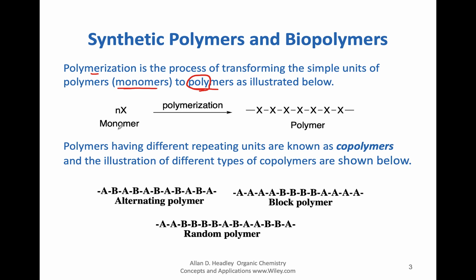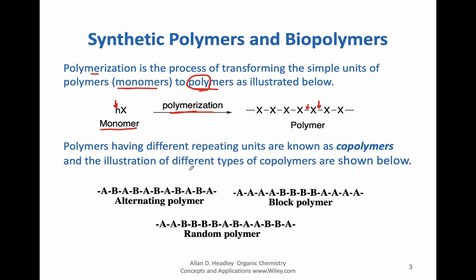So it's basically taking many monomers, shown by n here, through the process of polymerization, which we'll be discussing, to give us a polymer where the monomers are all joined by chemical bonds. And of course, to create a chemical bond, as you know, there has to be a reaction.